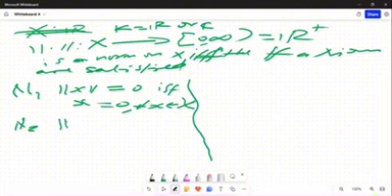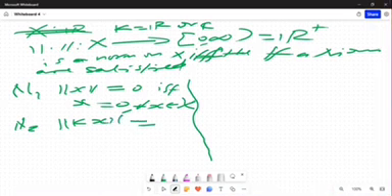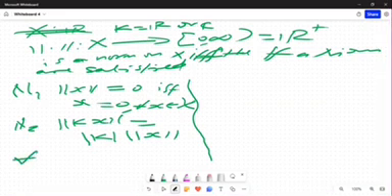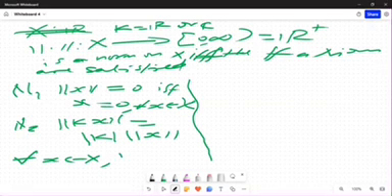So if you pick up k, small letter k, as your scalar from this field, and then you take the norm of k times any vector x, you discover that the value of such norm of kx will simply be the modulus of k, which is the length, times the norm of vector x. This will happen for all vectors x in X, and of course, it will happen also for all k in capital K.